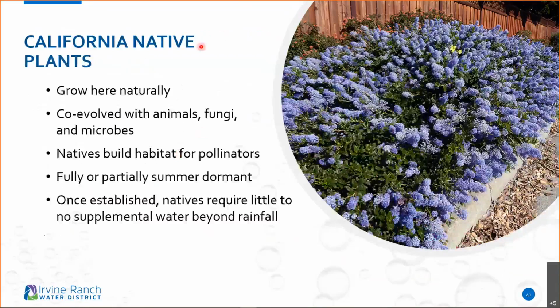Now, California native plants grow here naturally. They've co-evolved here with animals and fungi and microbes. Natives build habitat for pollinators.